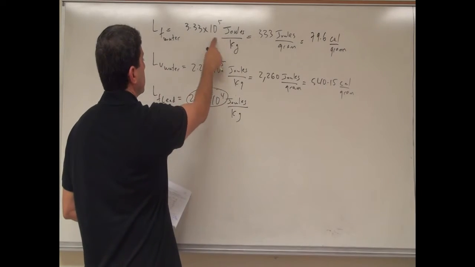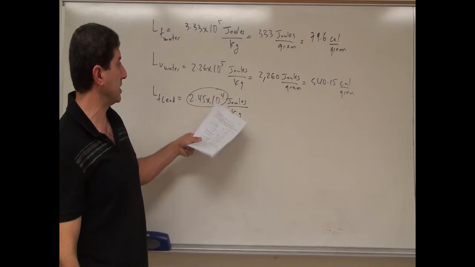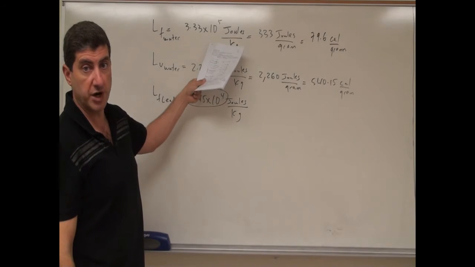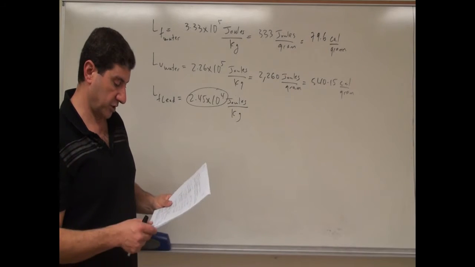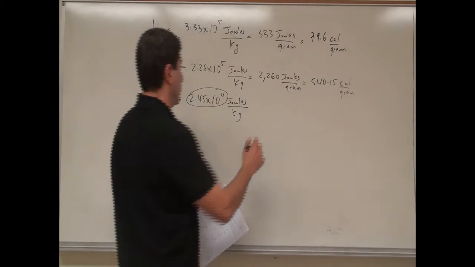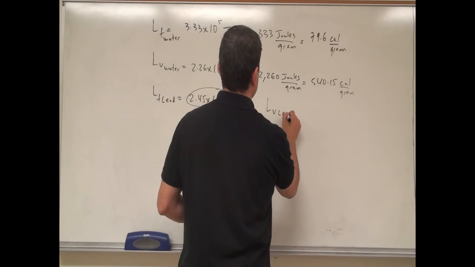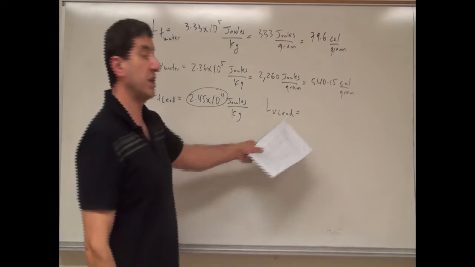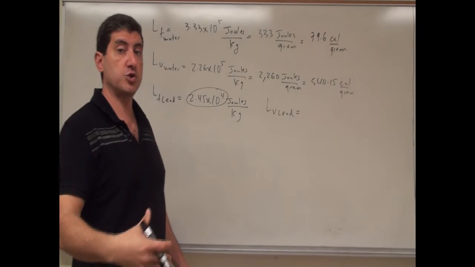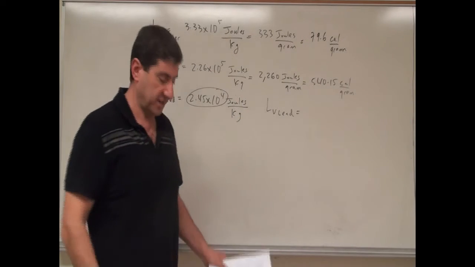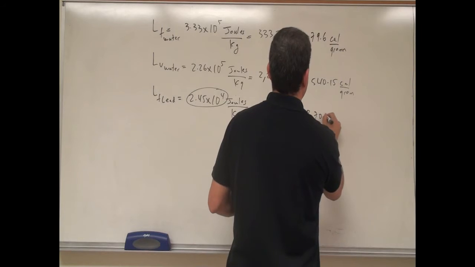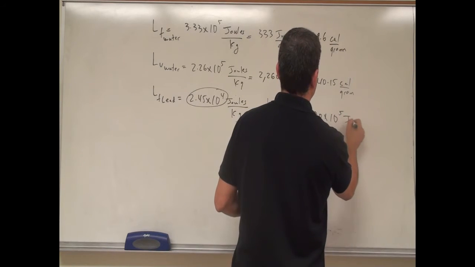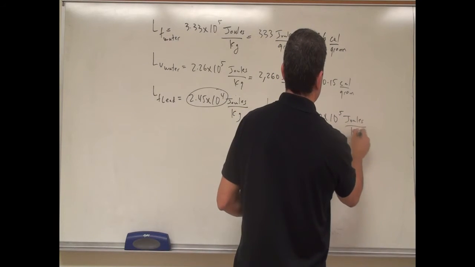It's actually easier to change lead to liquid lead than it is to change ice to water, right? It's 2.45 times 10 to the 4th joules per kilogram. Now, L_V of lead, to change liquid lead into gaseous lead, is going to be 8.70 times 10 to the 5th joules per kilogram.